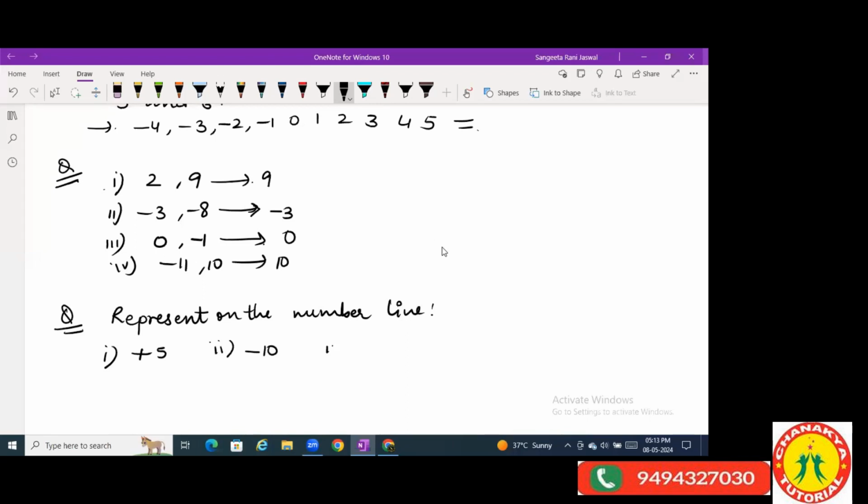Then third one you will show 0. Okay, fourth number you will show is 4. Just make one number line and highlight those numbers. You can just circle those numbers.